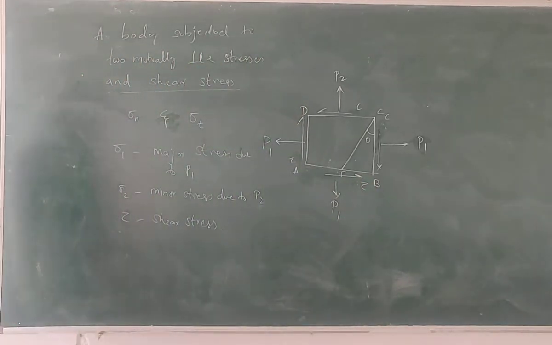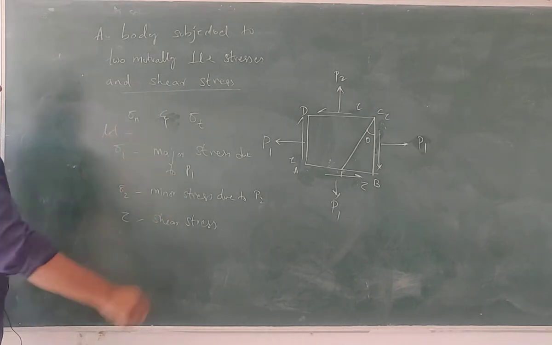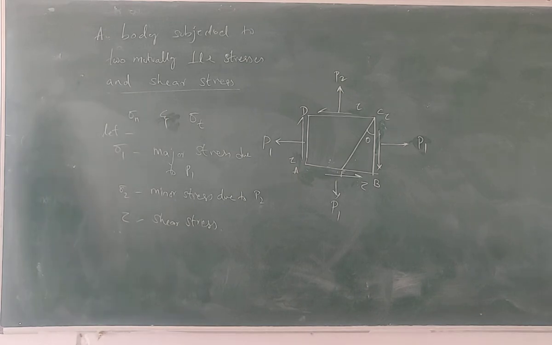Okay. So we'll start with the derivation. We need to write down this one. Let sigma 1 be the major stress, sigma 2 the minor stress, and tau the shear stress.